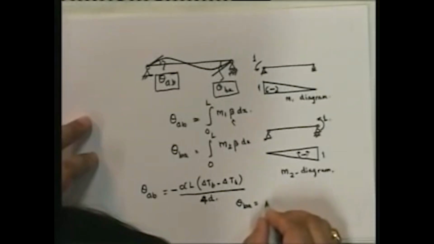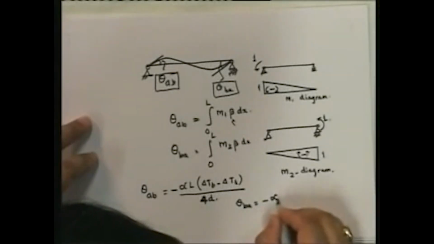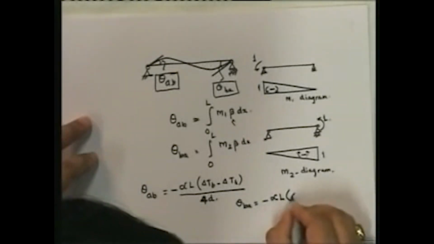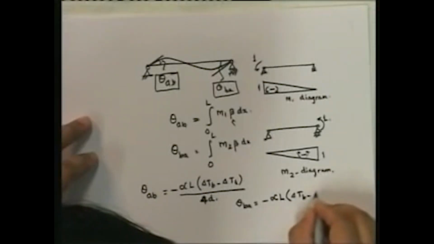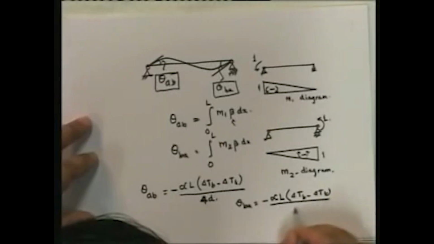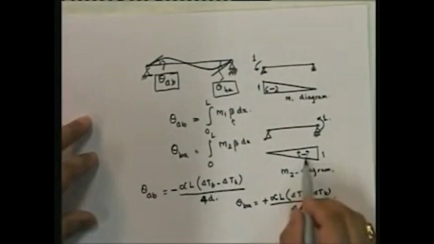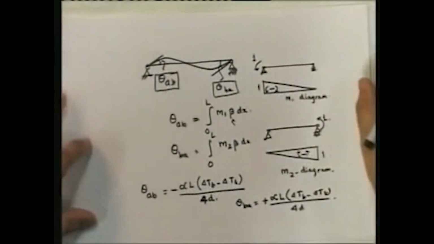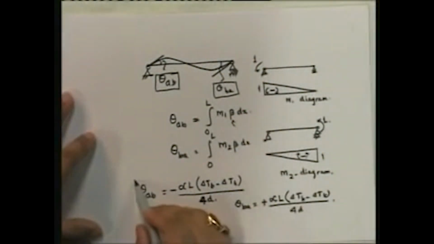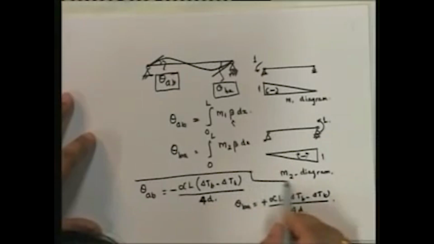Okay, theta BA is minus alpha L, plus, because this is the same as that, and therefore these are my theta AB.